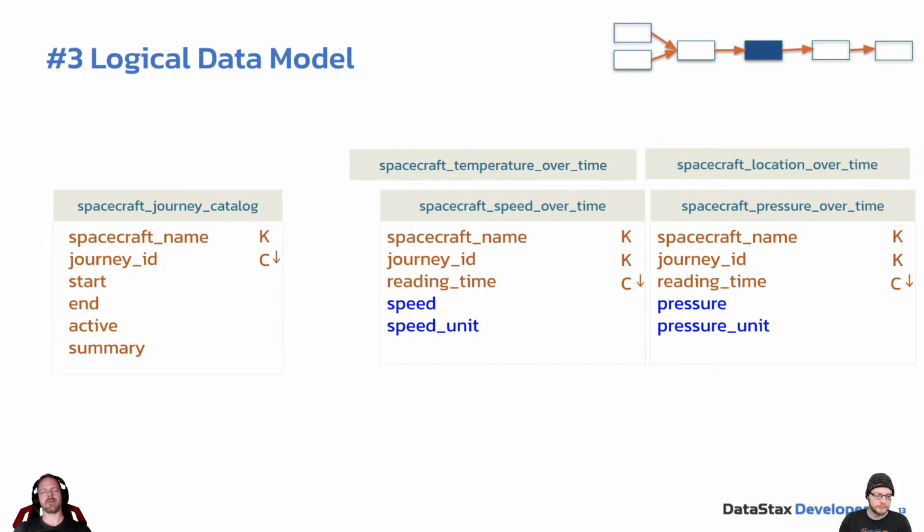There's another piece to this. Reading time, this is actually a cool optimization in Cassandra, especially for those of you familiar with relational databases and how they work. So notice the C, again, that means clustering column, and those can be used for ordering and or uniqueness. So in this case, a timestamp, right, we're probably talking about ordering. But notice the arrow, that down arrow, that's saying I want to order in descending order, right?